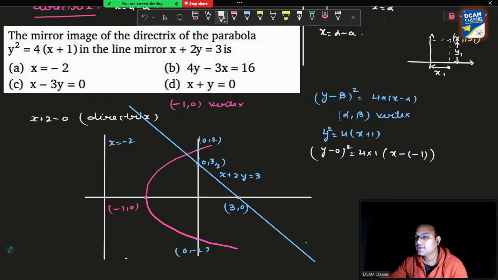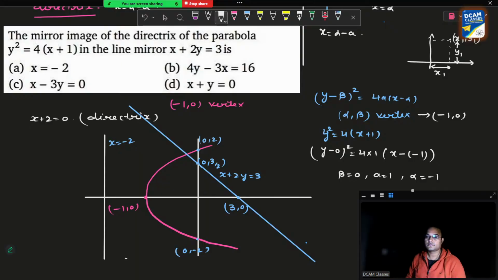Compare it with that. So the value of beta will be 0, a you are getting as 1 and alpha as -1. So the vertex (alpha, beta) has become (-1, 0). Just compare it with the general form. How do you find the mirror image?